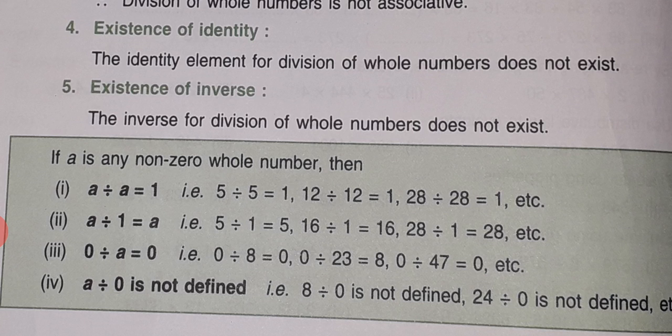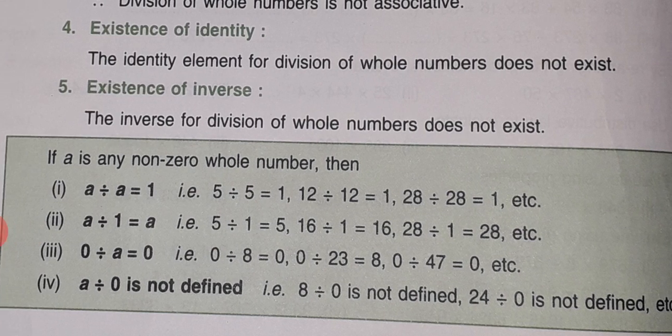If you divide any number by 1, this will be the number itself. 0 divided by any number is equal to 0. Like 0 divided by 8 equals 0, 0 divided by 23 equals 0, 0 divided by 100 equals 0, and so on. But a divided by 0 is not defined. For example, 8 divided by 0 is not defined, or 24 divided by 0 is not defined.